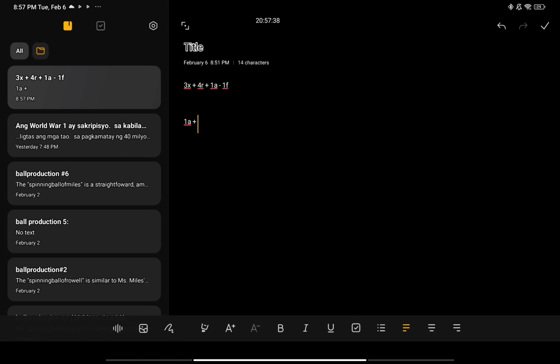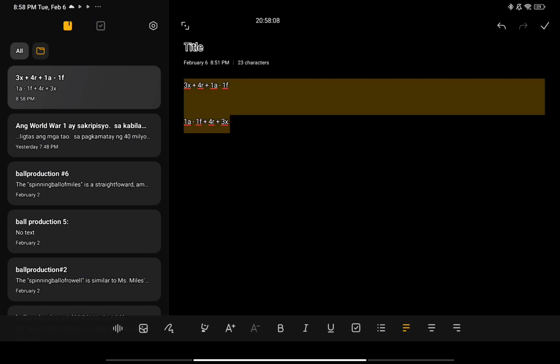What comes after A? F, correct. So 1a minus 1f. Now move on to plus: 4r is next before x. Now 3x is the last. Good.